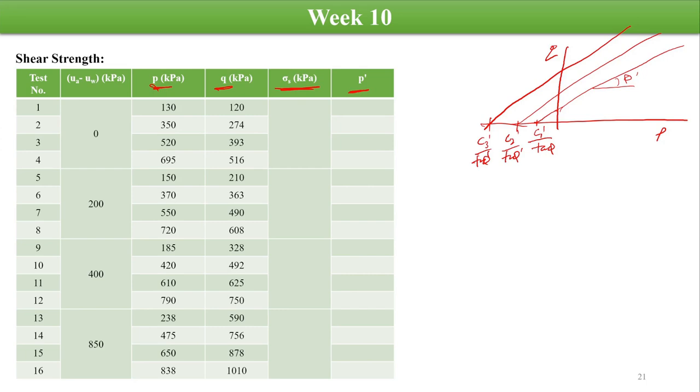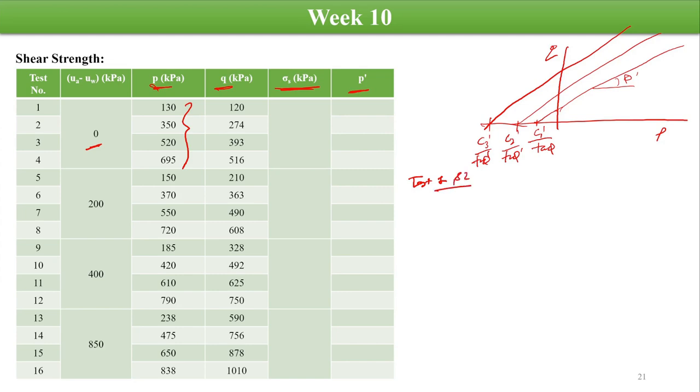So we can determine the value of sigma S for these four tests, as for all these tests the matrix suction is the same. Okay, so let's see how we can solve this equation. First we will take any two tests in the first subgroup for the matrix suction 0, let's say test 1 and 2.